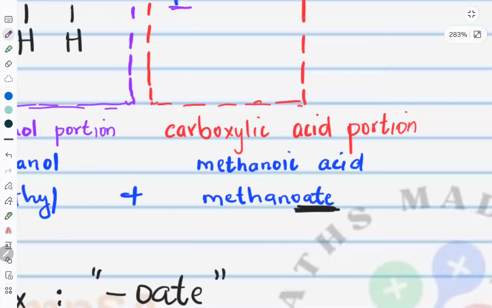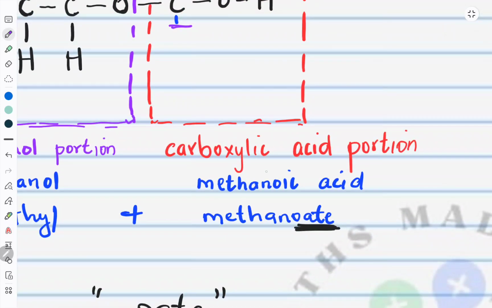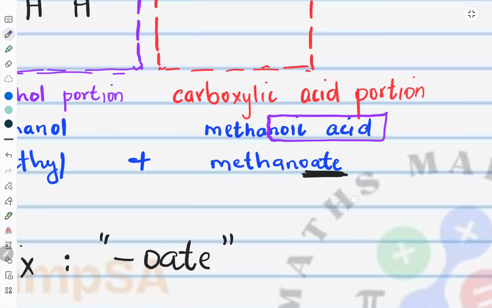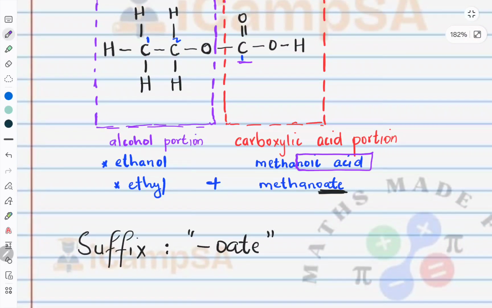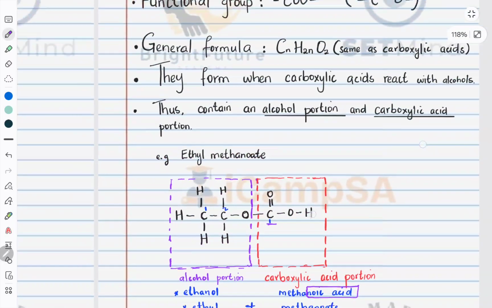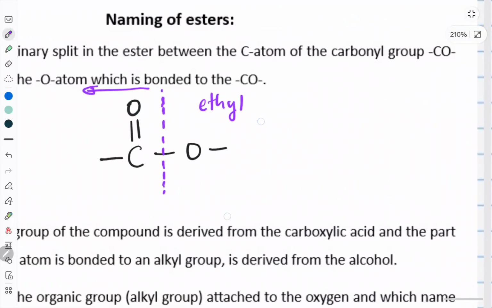So we take that and remove the suffix oic acid, because that's the suffix for carboxylic acid, and we replace it with oate, which is the suffix for esters. At the end we combine these two names, ethyl and methanoate, to form the name of the ester.